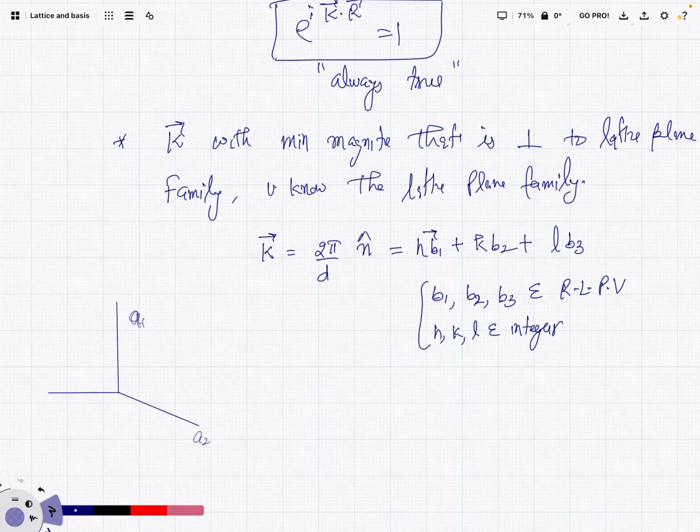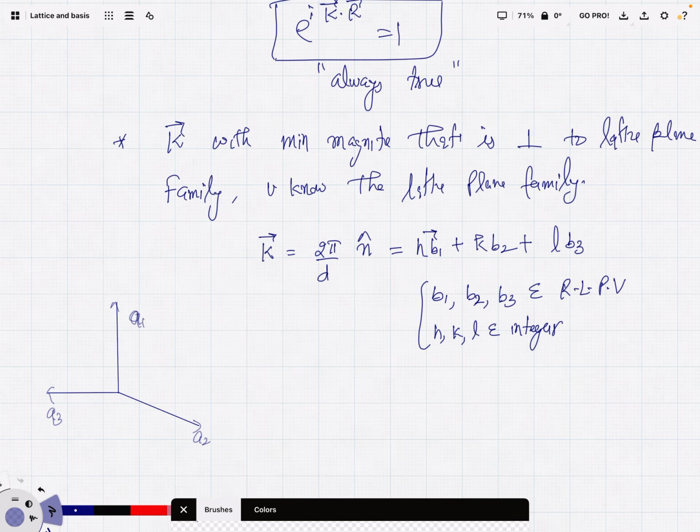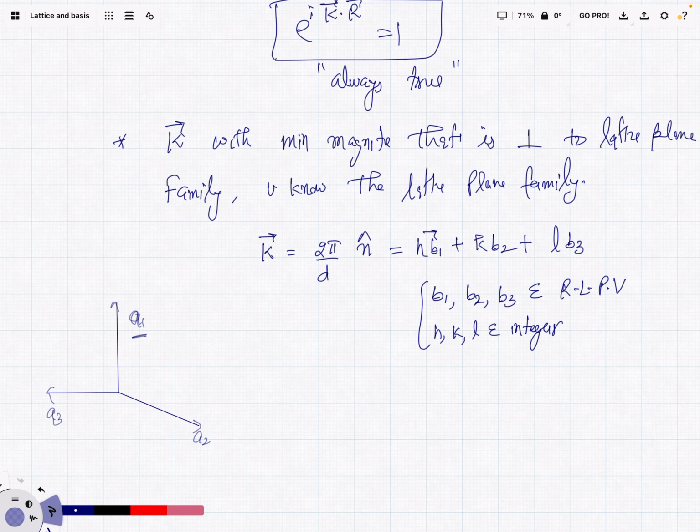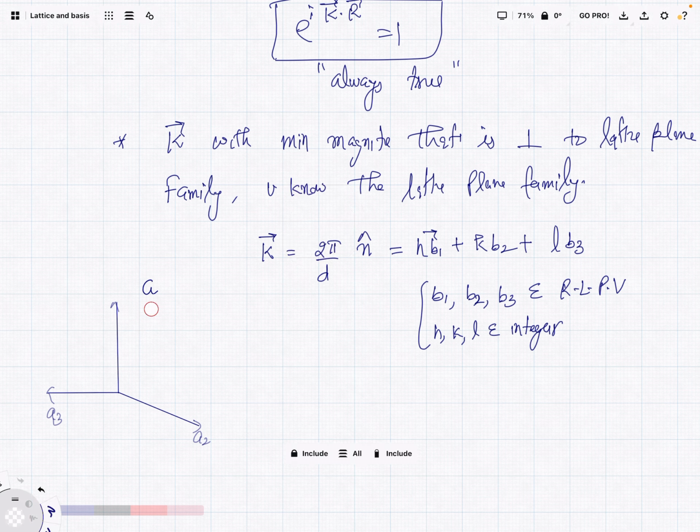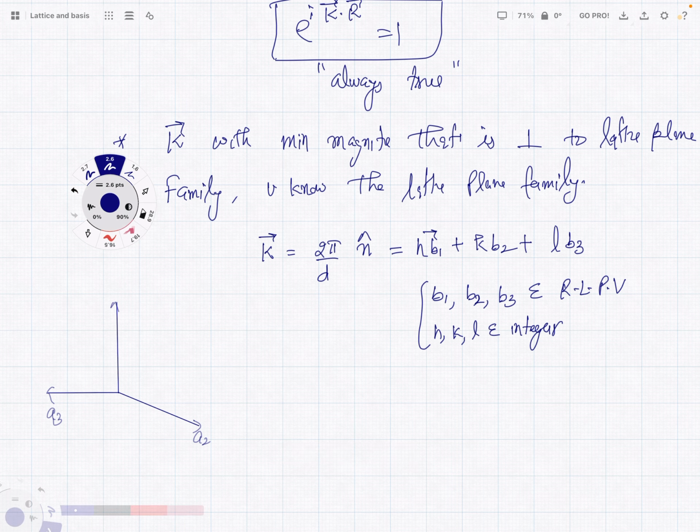A1, A2 and A3 are the direct primitive lattice vectors.